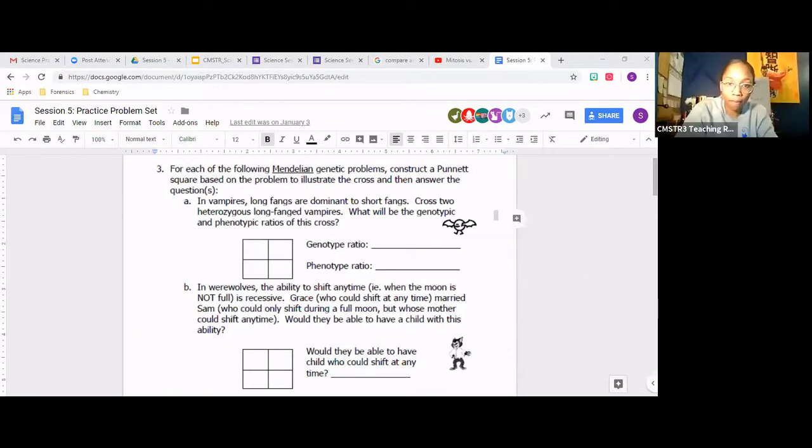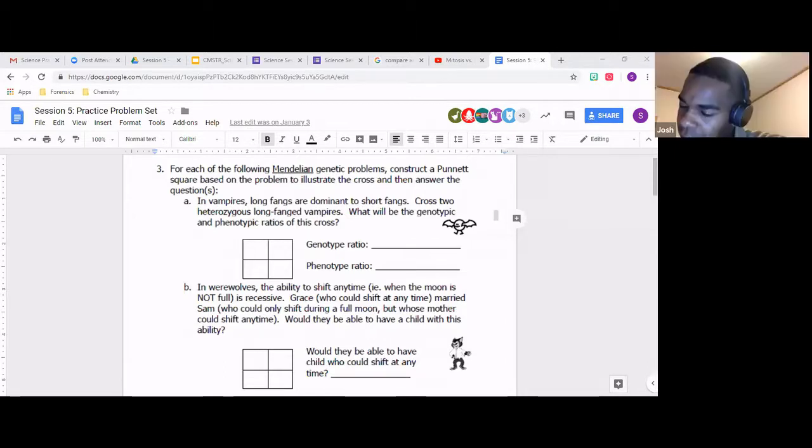On the top you'd have an upper and a lower, and on the side you'd have an upper and a lower. So on the top you should have one complete parent, and on the other side the other parent. Okay. So I would have LL, two capitals. Then the first one and the second one are both big L's, and then it's a capital L and a lowercase L, and then there's two capital L's.